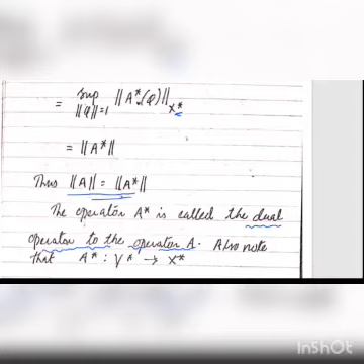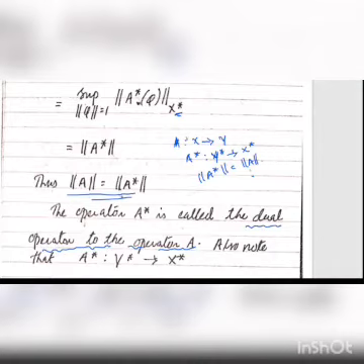So here the dual operator is defined as, suppose you are having an operator A from X to Y. If you are having a linear map, then its dual A star is defined from Y star to X star, with the condition that norm of A star is equal to norm of A. Such an A star is called the dual operator to the operator A. Now we will follow some notation.